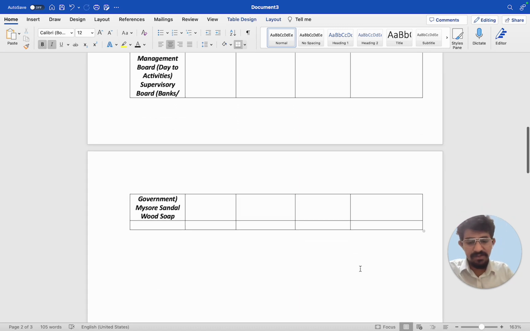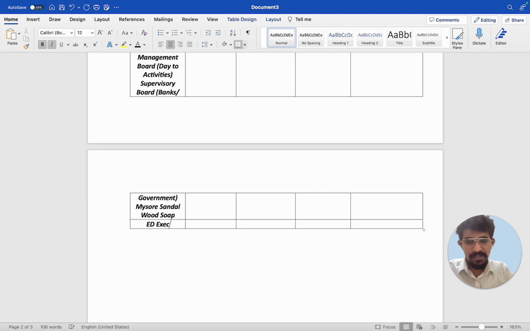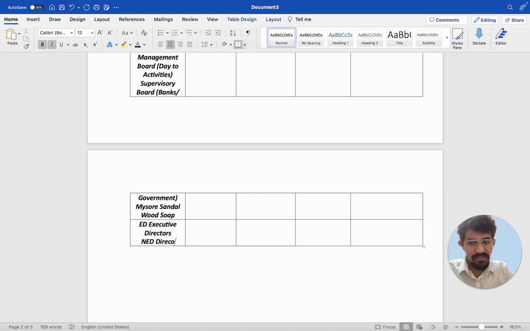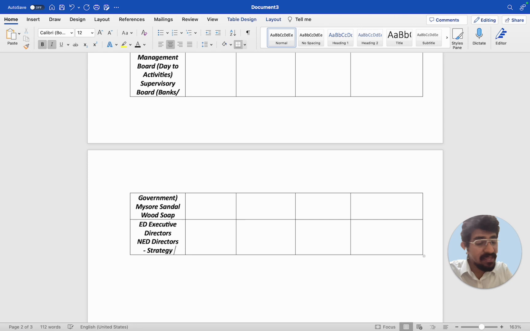And the next thing students, the ED, that is executive directors. So can I write down here executive directors, which is one important thing to be considered. And then students, we can also say non-executive directors, because students, the segregation is very, very important. And at the end of the day, the non-executive director roles, once it came, their role on strategy, because currently we are in flux, because currently we are only having infrastructure as a service.